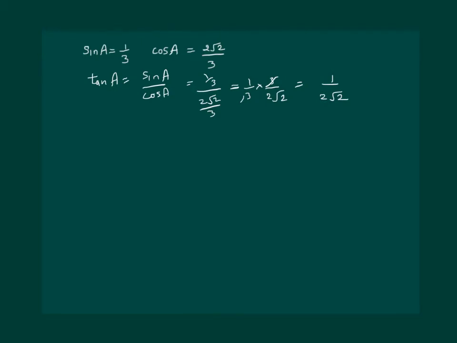Once we have sine A, cos A and tan A, it is easy to find their reciprocals. Cosec A is equal to 3 by 1, which is the reciprocal of sine A. Sec A will be the reciprocal of cos A, so the value is 3 by 2 root 2, and cot A is the reciprocal of tan A, so the value will be 2 root 2 by 1.